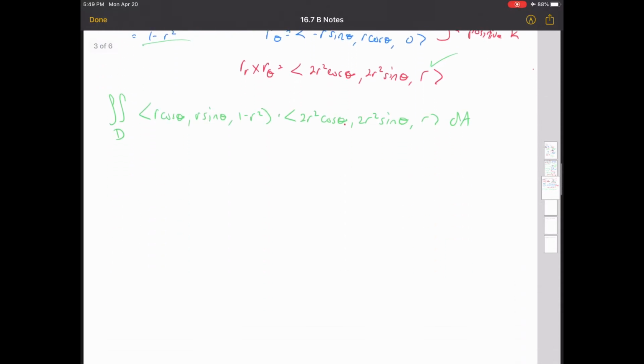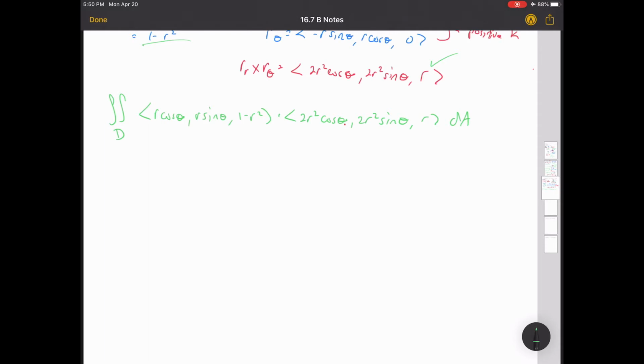All right, we could fill in the bounds and everything right now if we want to, or we can go ahead and do the dot product, or you can do it all at the same time. I'm probably going to put the bounds in here at the same time as doing the dot product. So I'm going to be dealing with r's and thetas.